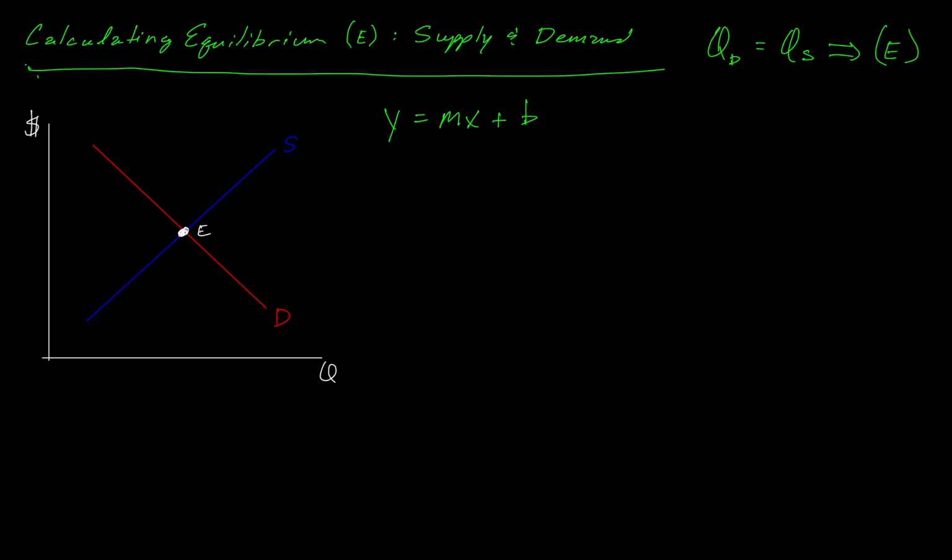This is the price we need to charge for this product. And those two prices are in agreement. Consumers and suppliers will shake on it and say, great, we have an equilibrium price right here, right? And that matches up with an equilibrium quantity.